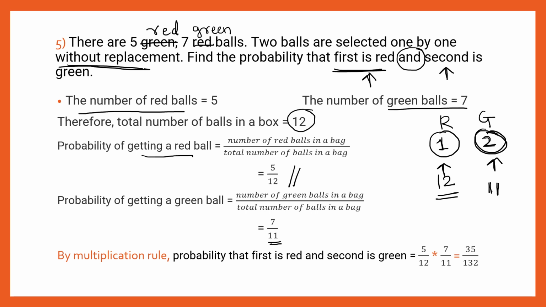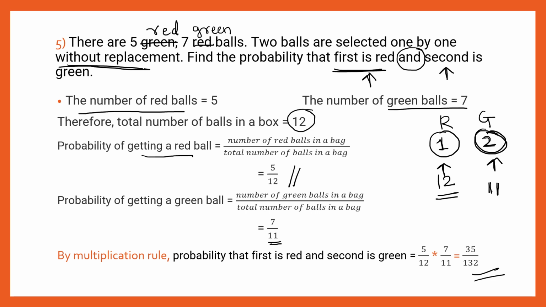Why? Because there is the word "and" between the events. Whenever they talk about "and", then we use the multiplication rule. So the probability is 5 by 12 into 7 by 11, which is 35 by 132.